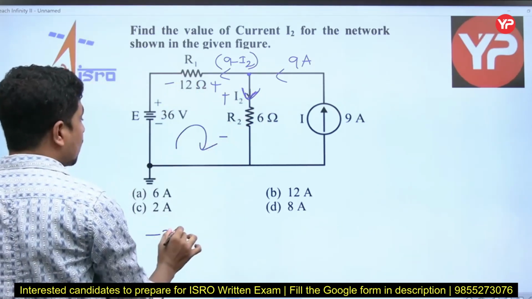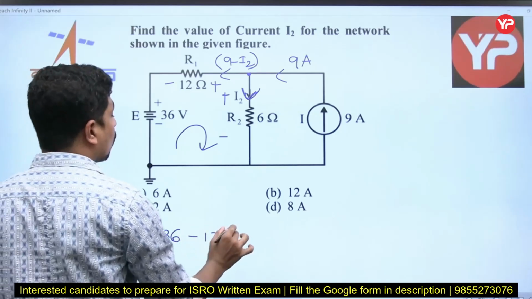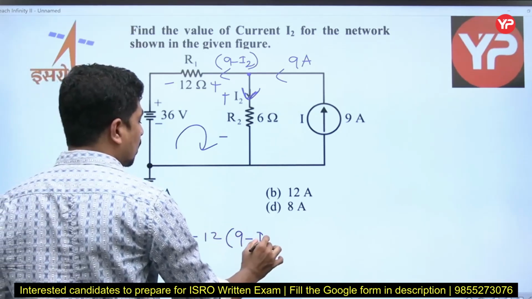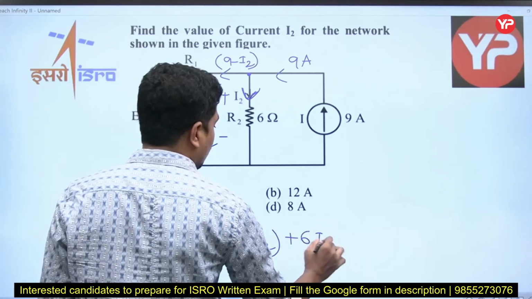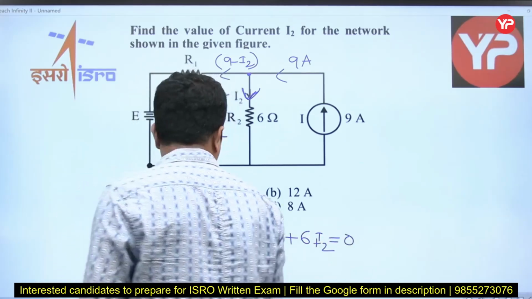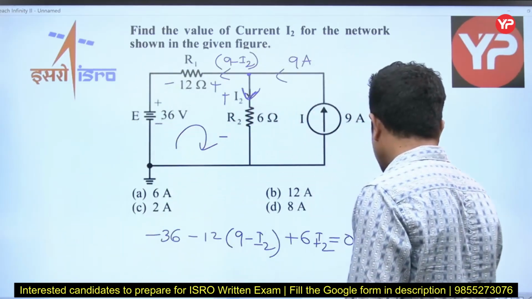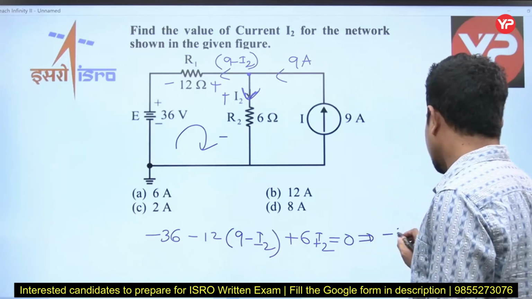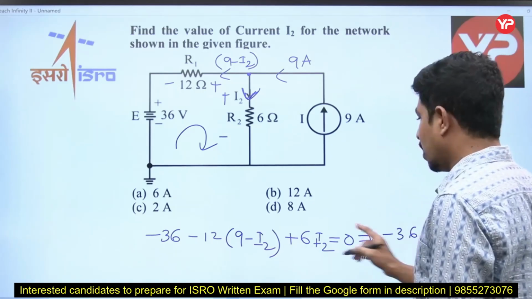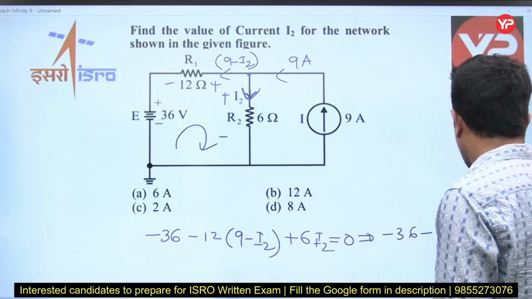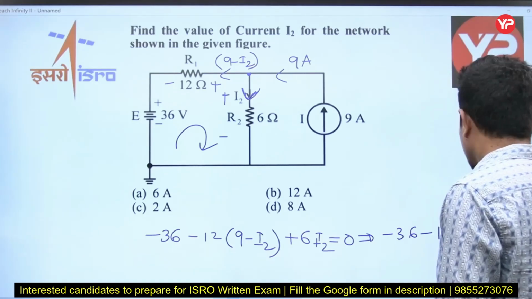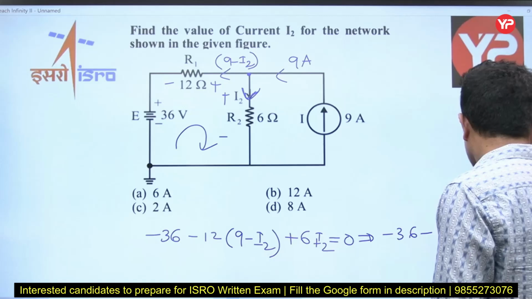Minus 36 minus 12 into 9 minus I2 plus 6I2 is equal to 0. That implies minus 36 minus 108 plus 12I2 plus 6I2 is equal to 0.